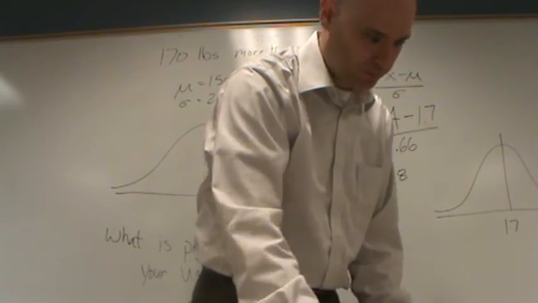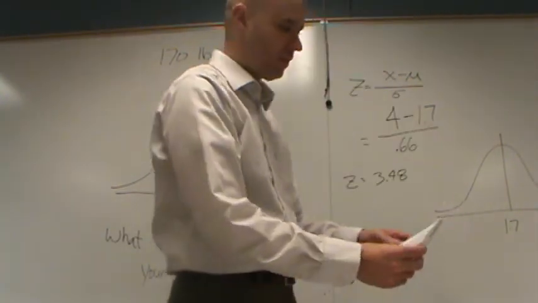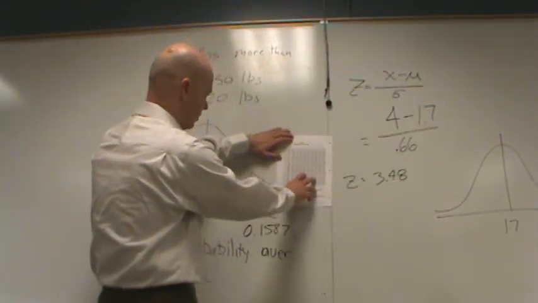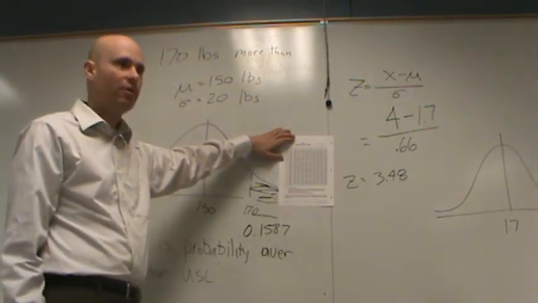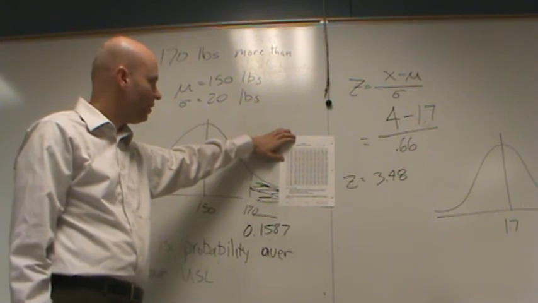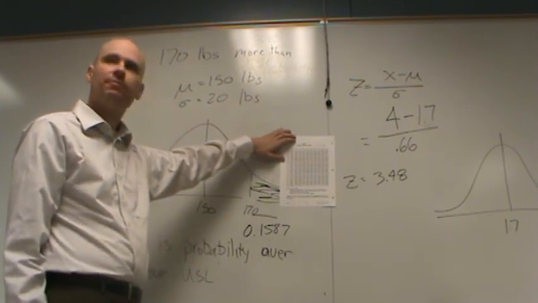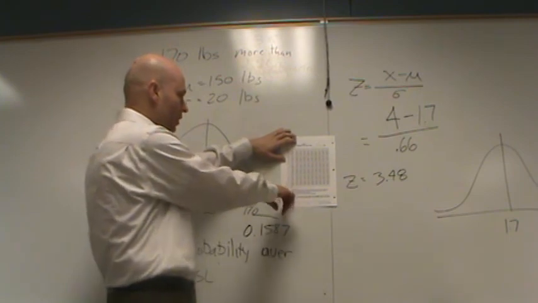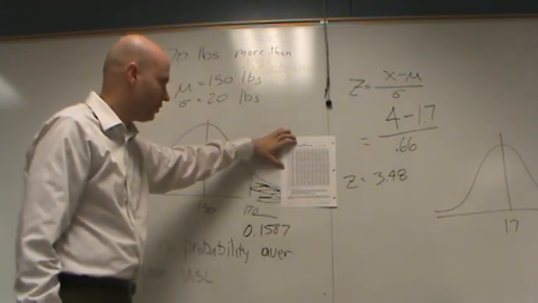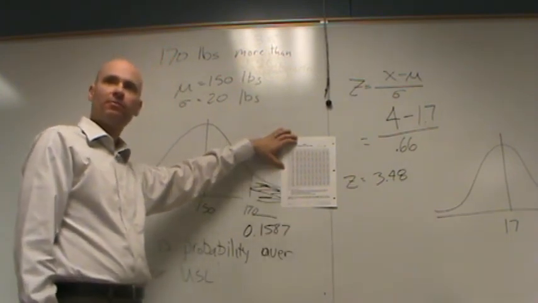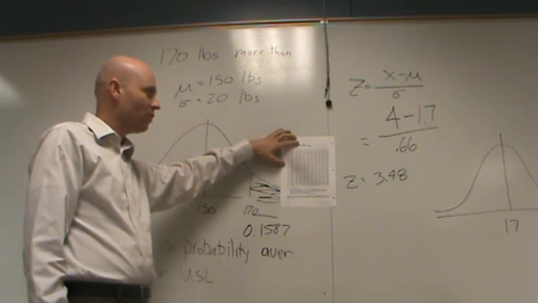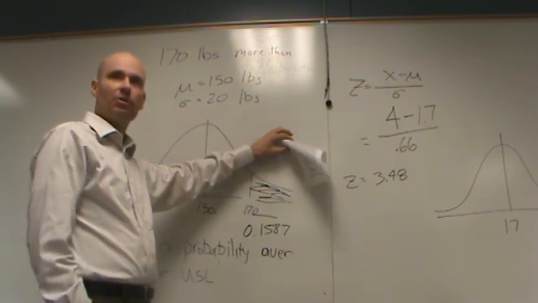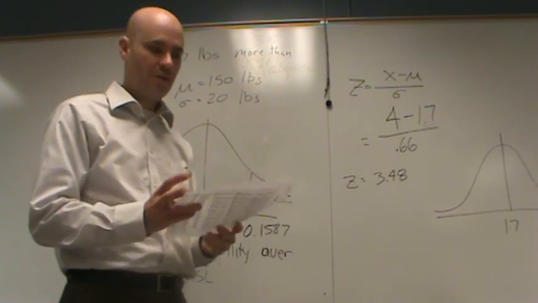One thing that we should point out is that if you have a Z value of 3, that's typically a really big Z. In fact, it is so big that our book does not even include a number greater than 3. So what do you think the probability is that you would get greater than 4 based on the numbers you gave me here?